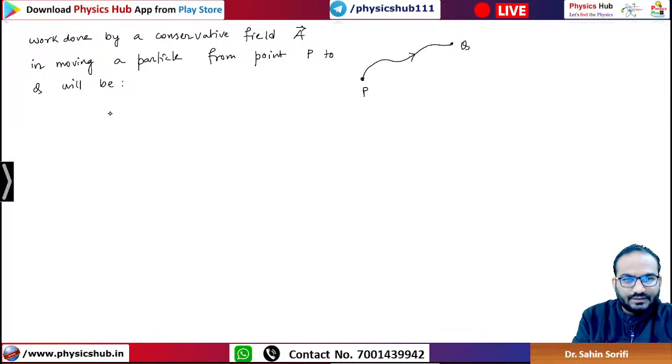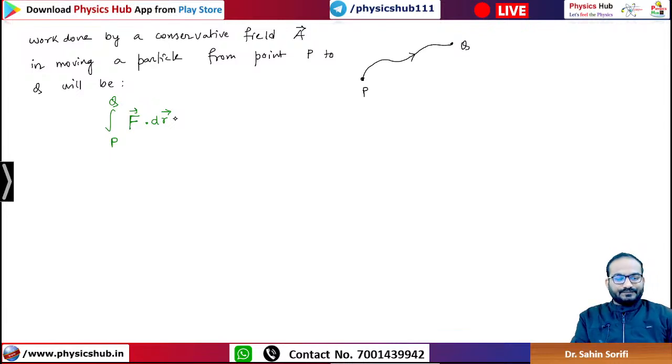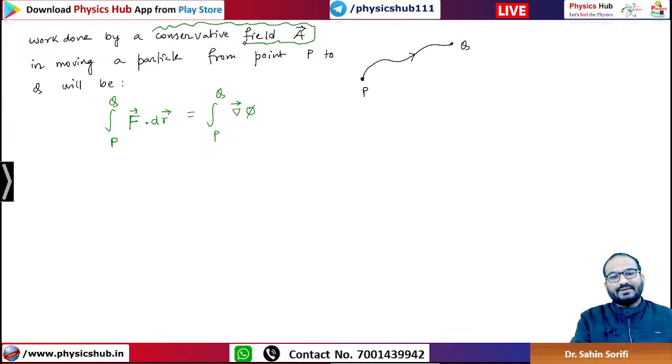You see, it will be integration from P to Q F dot dr, right? So as I told you, P to Q F dot dr, F can be written as grad of some scalar function if you consider that it is conservative. As I told you, we have already defined it as conservative field.